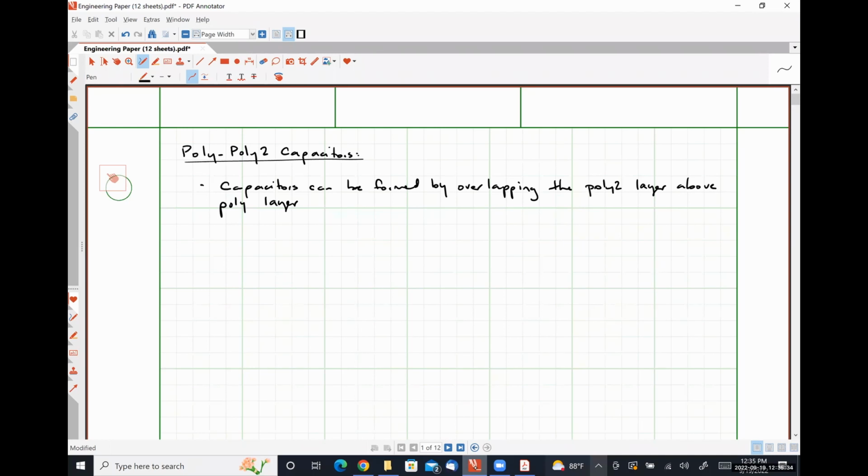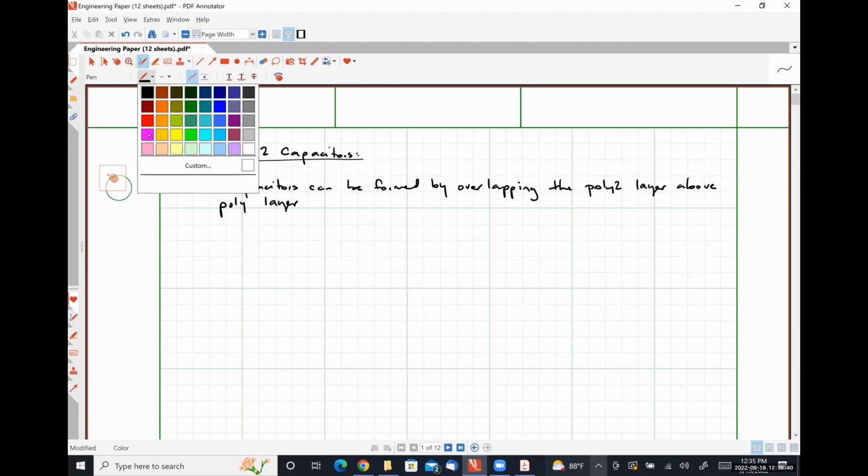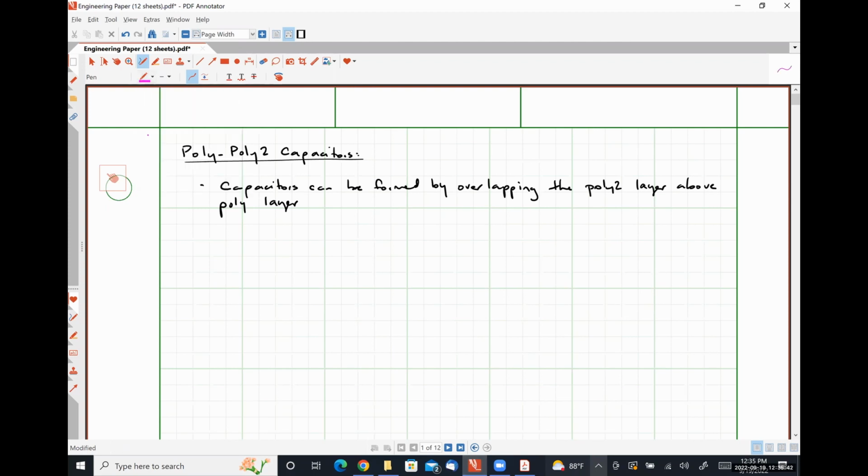A very simplistic layout for a poly 2 capacitor might be something like this. So we would have our poly 1 layer, like so.